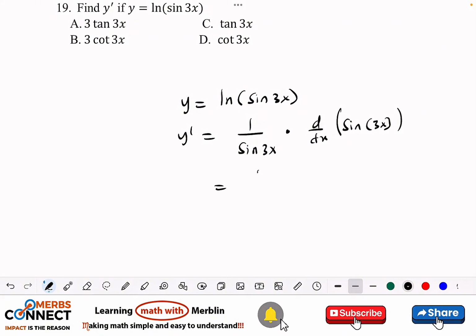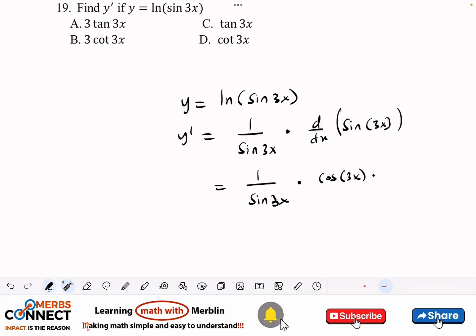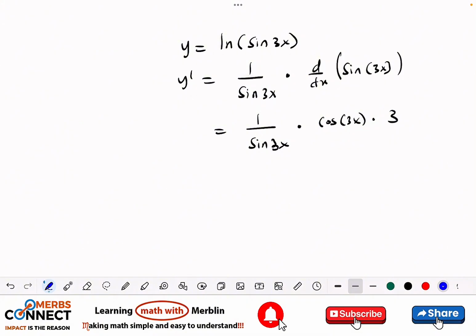So this is going to give us 1 divided by sine 3x times, when I differentiate sine, I'm going to have cos 3x times, I need to differentiate what is inside again, which is chain rule. So this is going to give me 3. So this is going to give us 3 cos 3x divided by sine 3x.